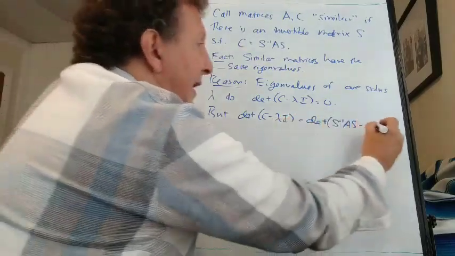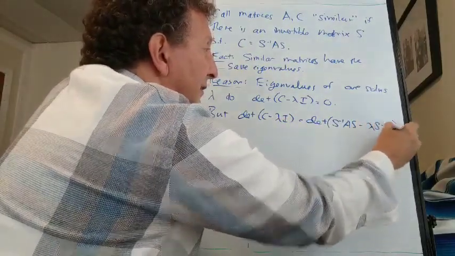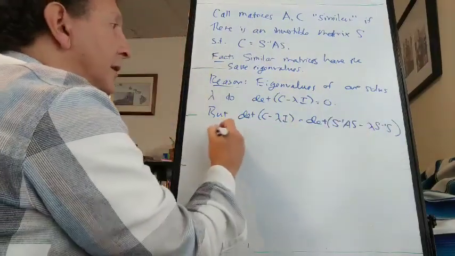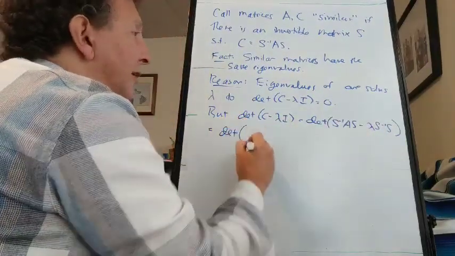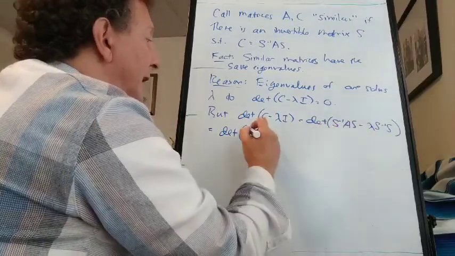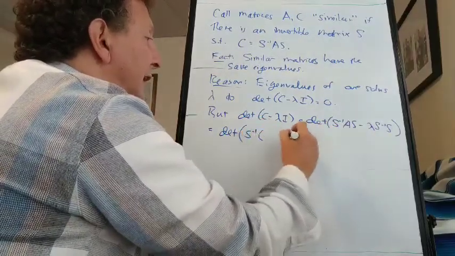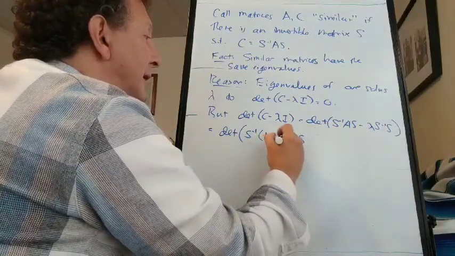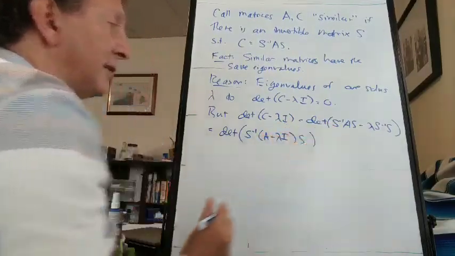I'm going to write I as S inverse S because it's true and it's going to help me simplify this expression. So this is the determinant of, let me pull out an S inverse on the left and an S on the right, and then I have A minus lambda I inside those parentheses.